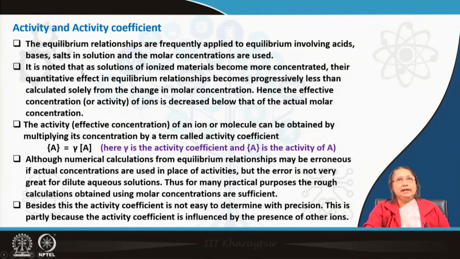Now, activity and activity coefficient are also very important for equilibrium relationships. It is expected that we use dilute solutions. When it is a dilute solution, we should express the concentration in moles per liter.